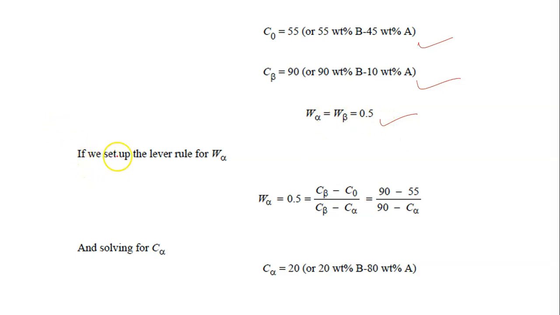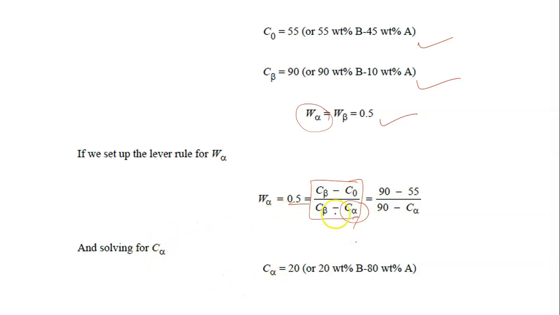Okay, now if we set up the lever rule for this alpha phase, this shall be the formula. You know that W alpha is 0.5, so you can work backwards and substitute all the values. You know C beta, you know C naught, and this is what you are trying to find out.